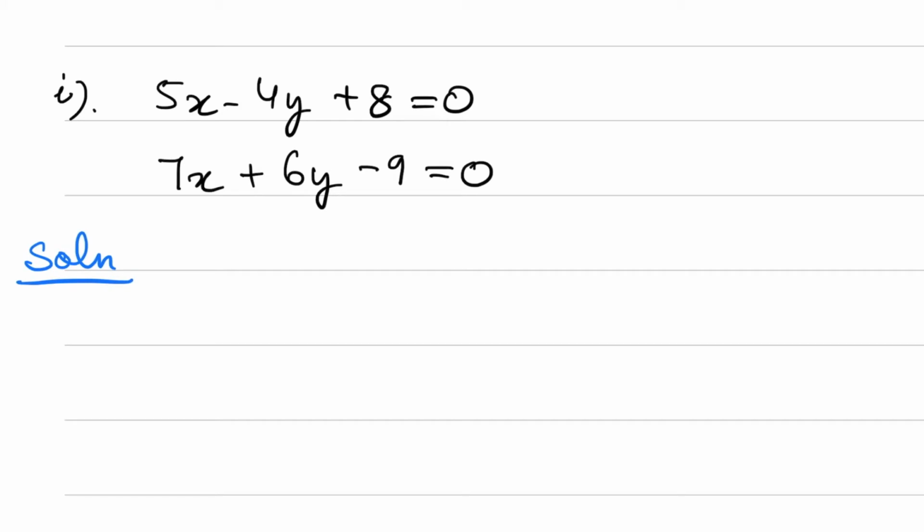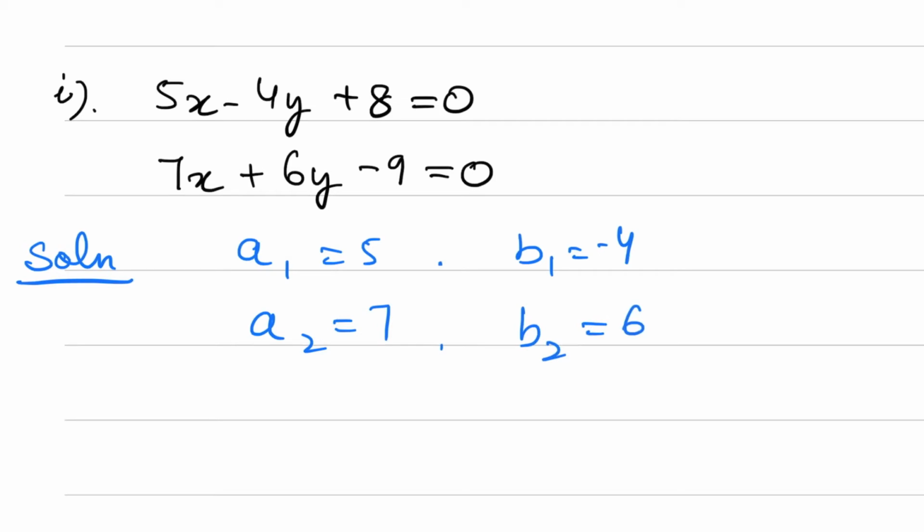So we have, for the first equation, a1 is equal to 5, a2 is equal to 7. Coefficients of y, b1 is equal to minus 4 and b2 is equal to 6. For the constant terms, we have c1 is equal to 8 and c2 is equal to minus 9.